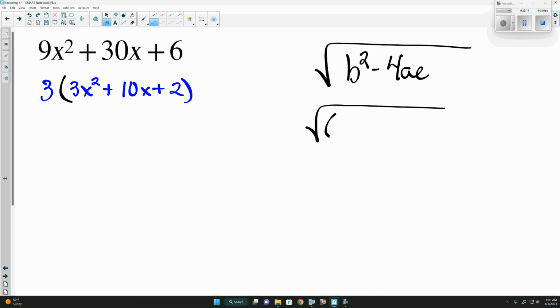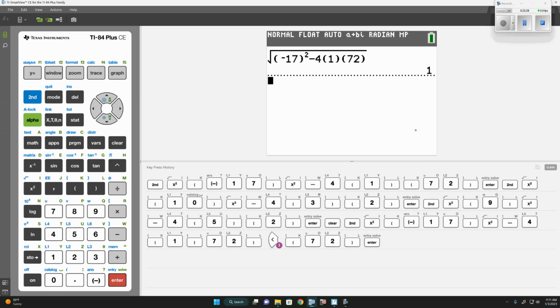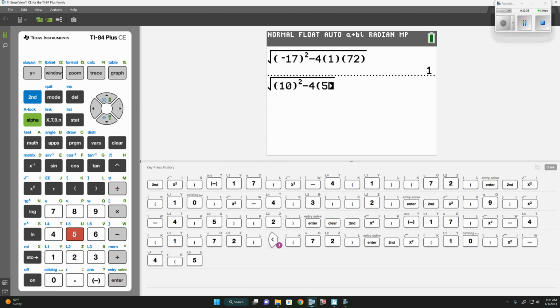So a is going to be 3, b is 10, c is 2. So here we'd have 10 squared minus 4 times a times c, and we're going to see what we get. We can just stick this in a calculator exactly as it is. 10 squared minus 4 times 3 times 2.